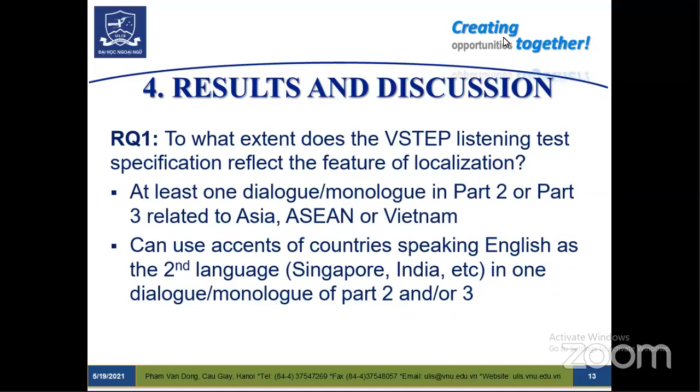And in the listening test, we can use accents of countries speaking English as a second language, like Singapore or India, in one dialogue or monologue of part 2 and part 3. So in the test, there should be at least one dialogue or monologue in part 1, part 2, or part 3 about the topic. All this information about localization is mentioned in our test spec.